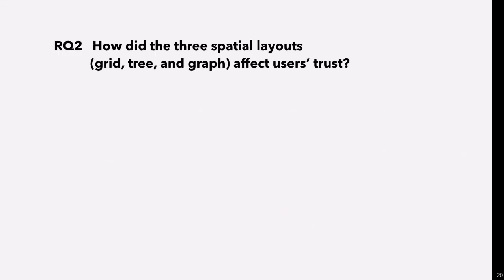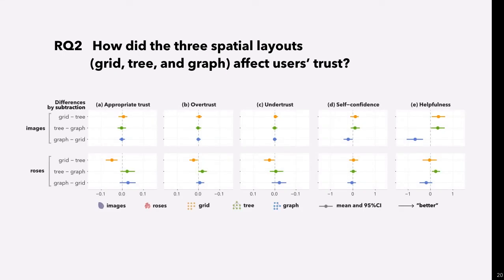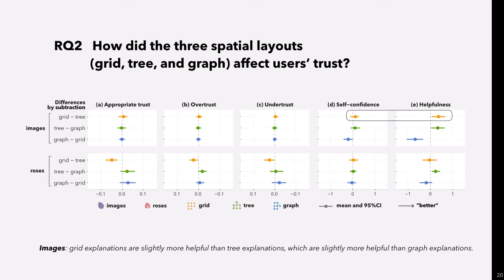We further investigated the differences between the three spatial layouts. We did the pairwise comparison by subtracting within different visual explanations. And we see that the effects are smaller this time, but for the image-based explanations, we found that the grid explanations are slightly more helpful than the tree explanations, which are slightly more helpful than graph explanations.